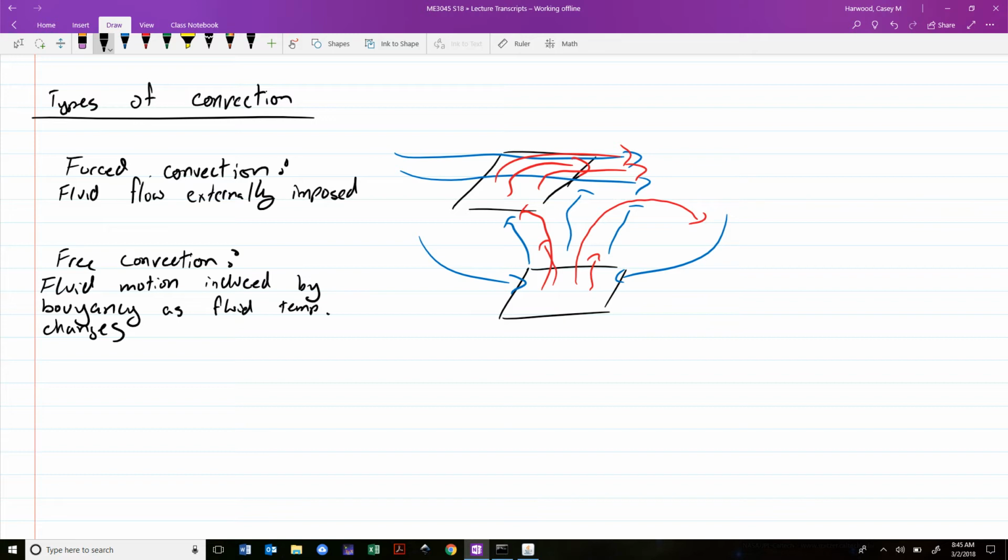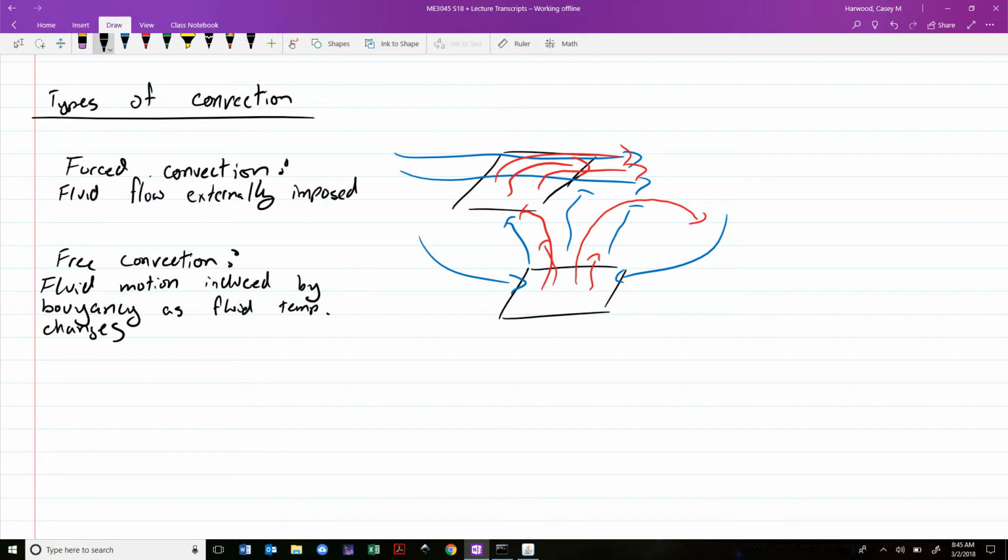That buoyant force would tend to make it rise and pull in cooler water underneath. So you got this sort of naturally recirculating system that will eventually bring hot water up to a boil and had a little coffee pot attached to it. So that would be a case of free convection, right? Because the fluid motion there is being imposed by the temperature change itself.